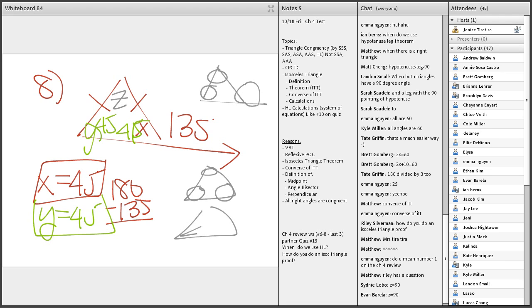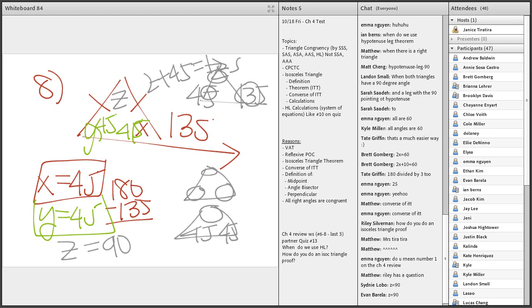So since we already have 45, 45, and blank, you could figure that angle out, and that's going to be 90 degrees. Or you can look at z, 45 and 135 and say z plus 45 equals the exterior, and you get the same answer. You get 90. So these are your final three answers for that one.